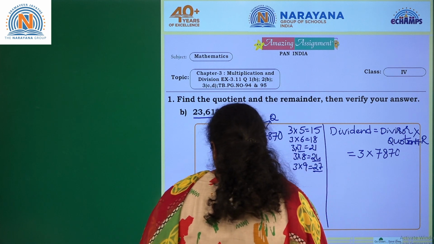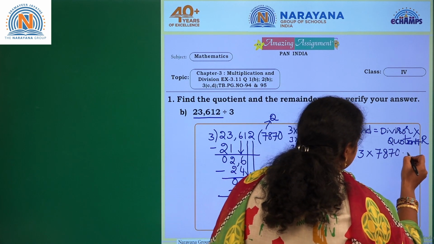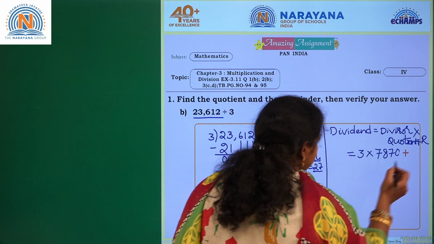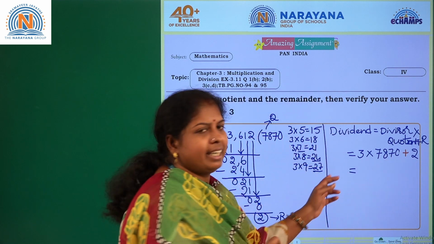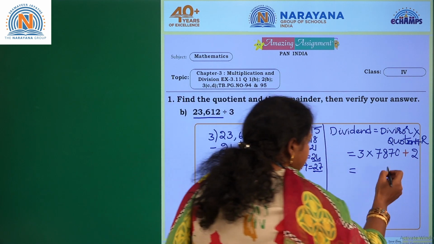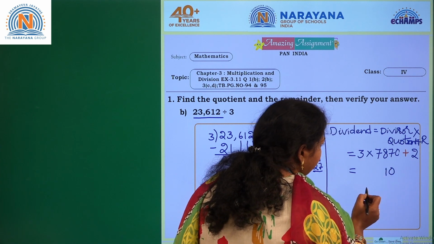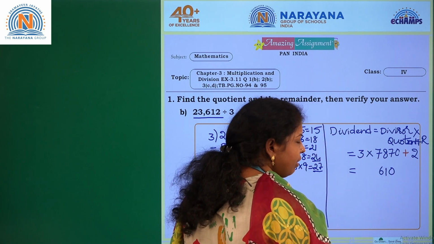So you have to write plus the remainder, which is 2. 3 times 7,870. 3 times 0 is 0. 3 times 7 is 21. 3 8s are 24. 24 plus 2 is 26. 3 7s are 21.